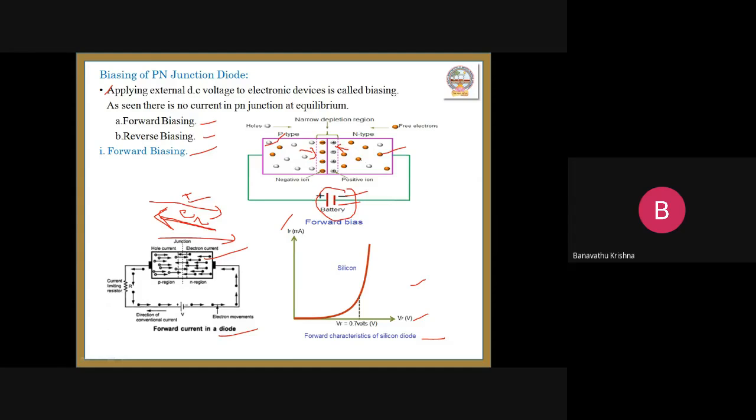What are we expecting when the electrons move towards the P-type region? There is a current. That current is nothing but electron current. And then here, 0.6 volts.